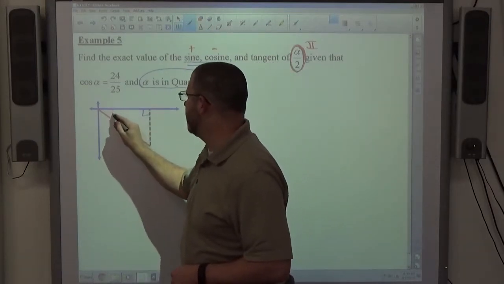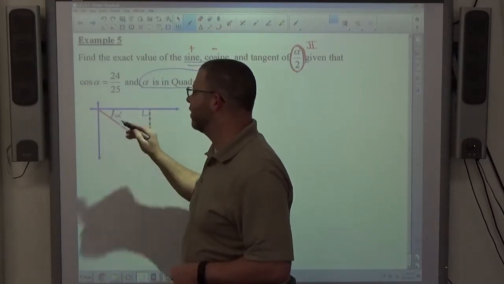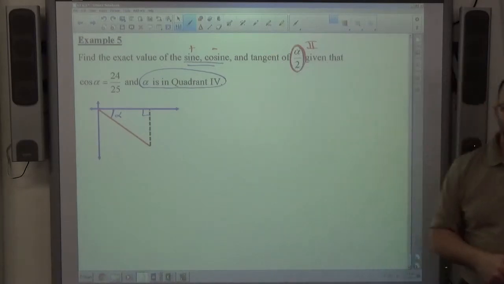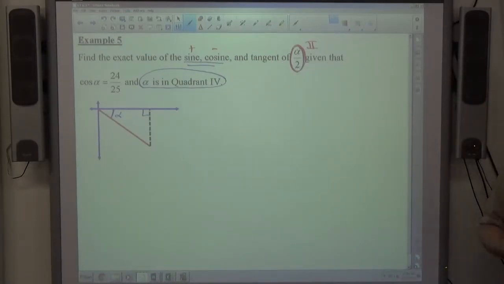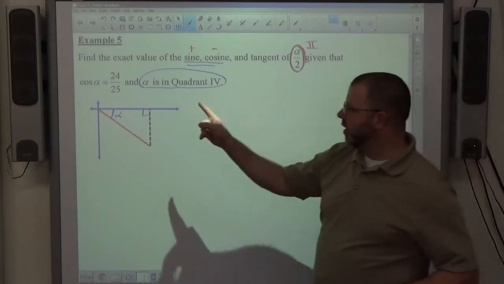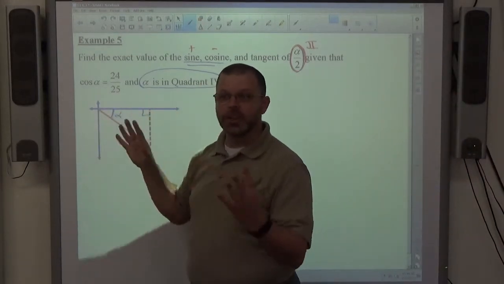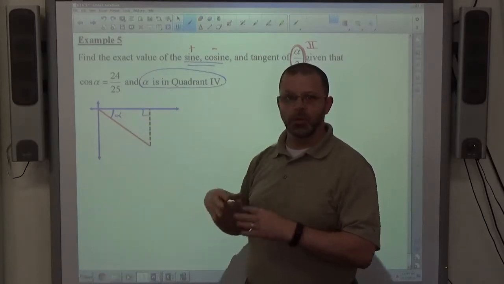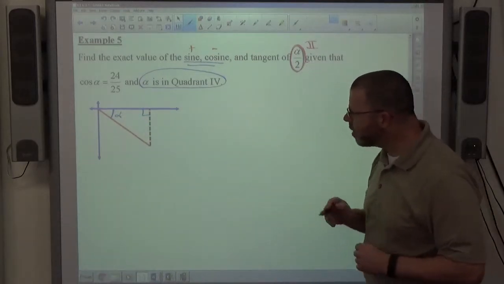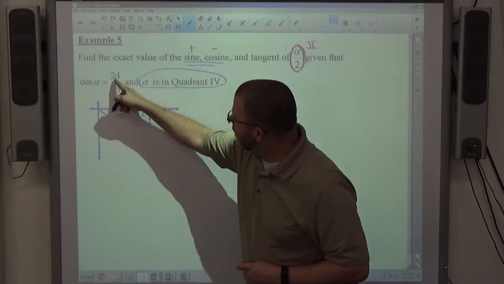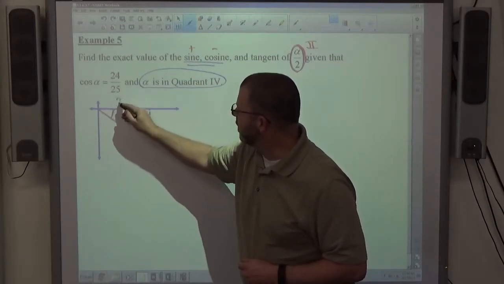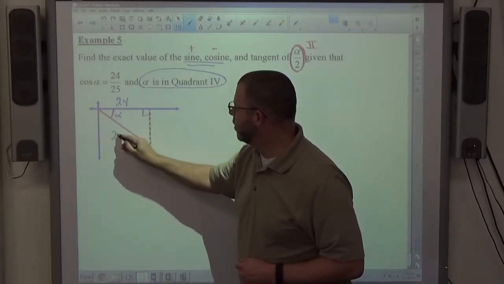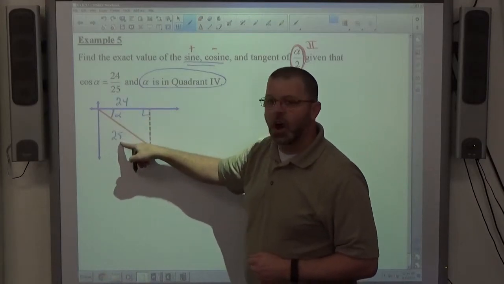Alpha is going to be the angle, we're looking at reference angle alpha to represent our alpha. The only reason it would be important to measure counterclockwise around here is to get the correct sign and everything. As long as we establish the correct sign in our triangle, the reference angle alpha will suffice as alpha. All right. The cosine of alpha is 24/25. That's adjacent over hypotenuse. It's positive.